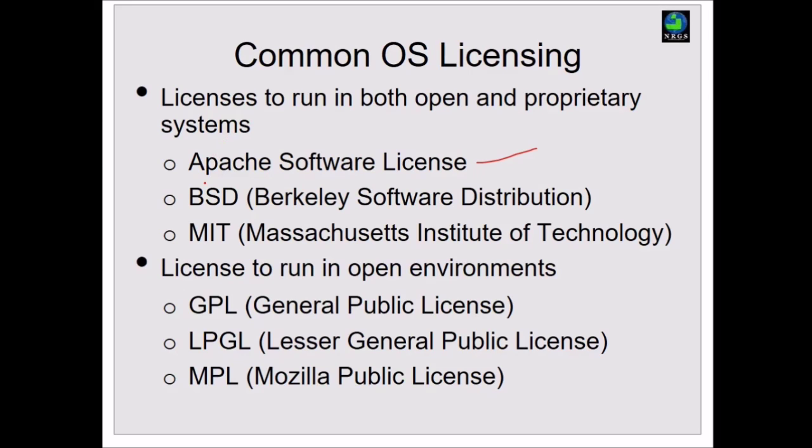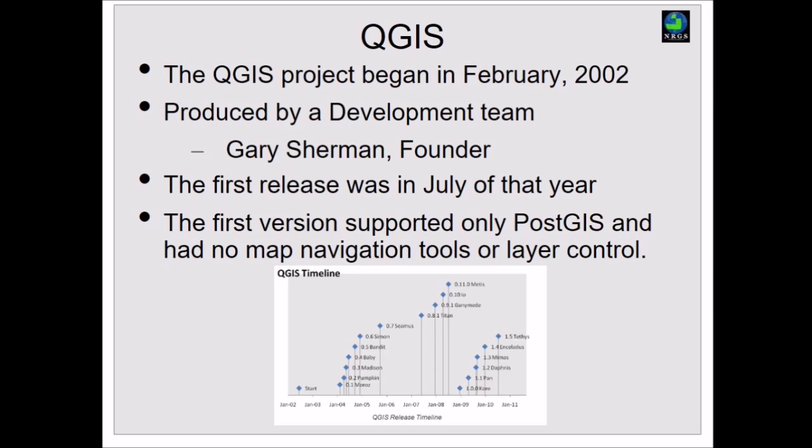Then there are licenses to run in open environments. First is GPL, then LGPL, and then MPL. GPL is General Public License, LGPL is Lesser General Public License, MPL is Mozilla Public License.